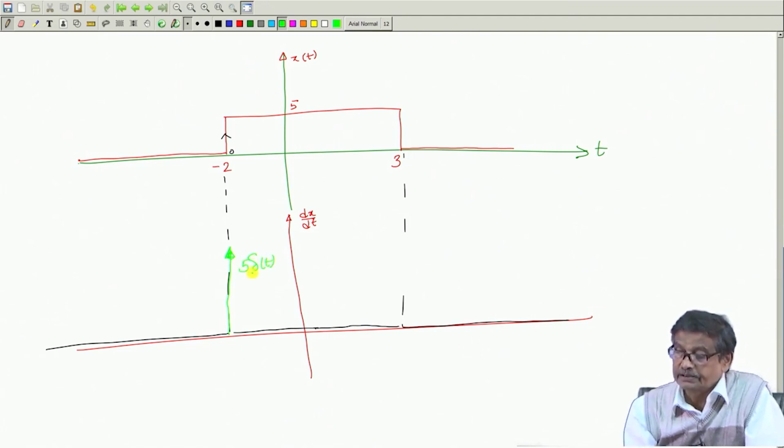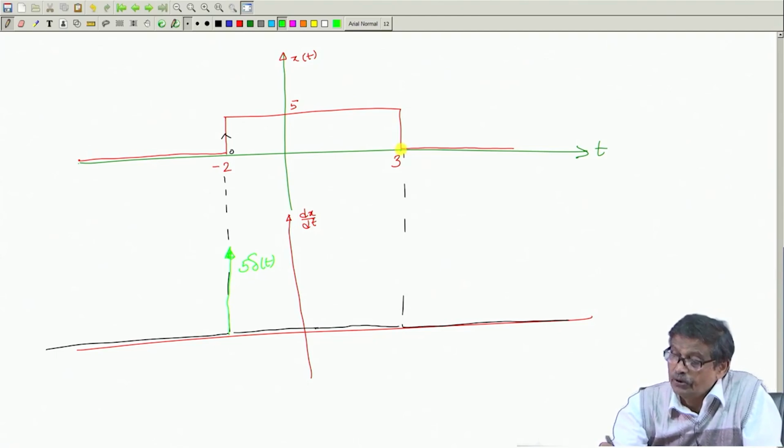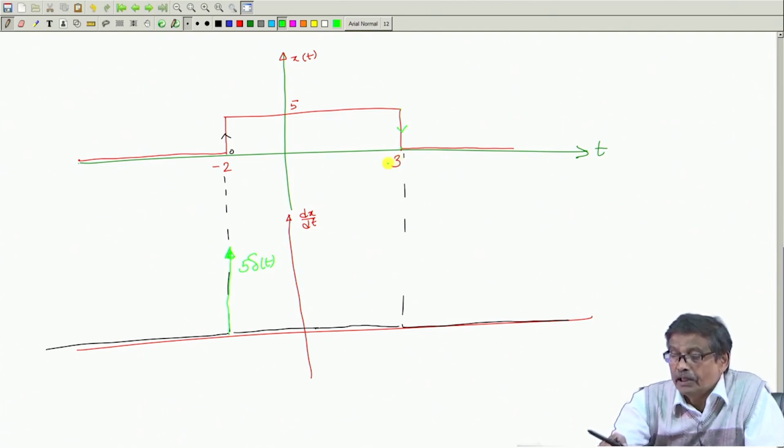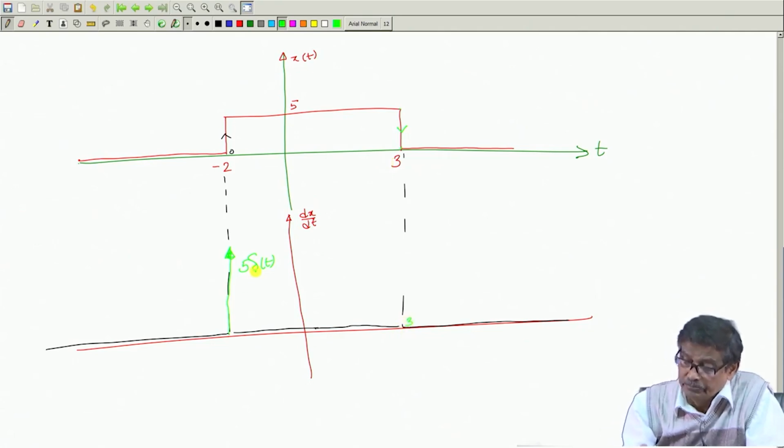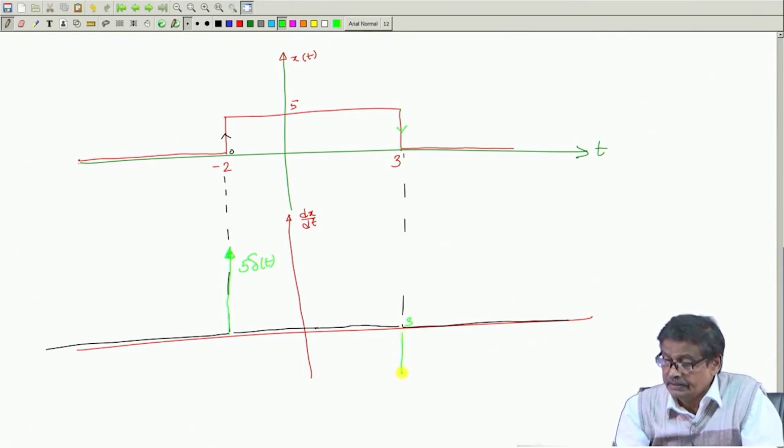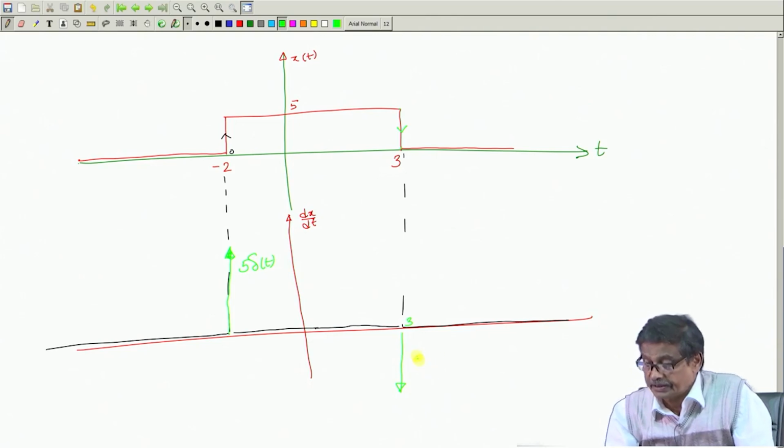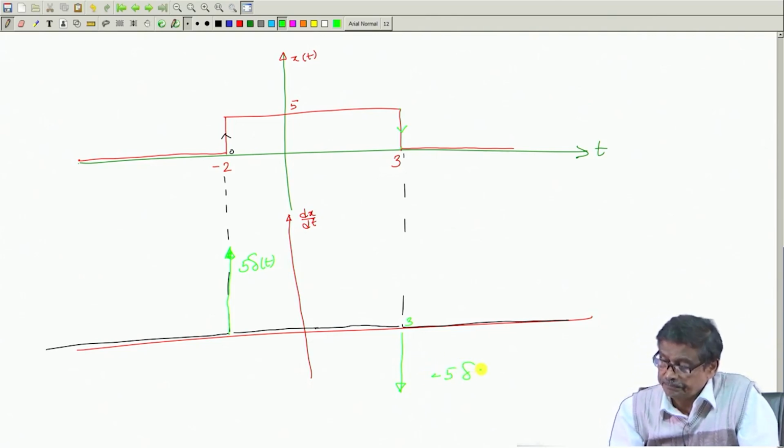You must understand this. Similarly, at t equal to plus 3, there is a discontinuity from plus 5 to 0, and there will be a delta function here, minus 5 delta.